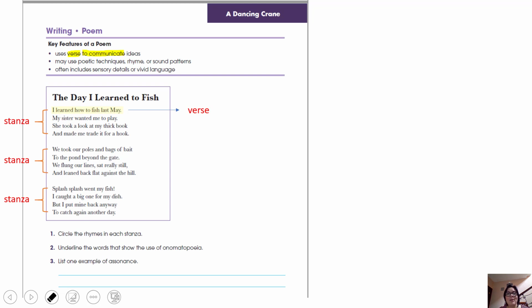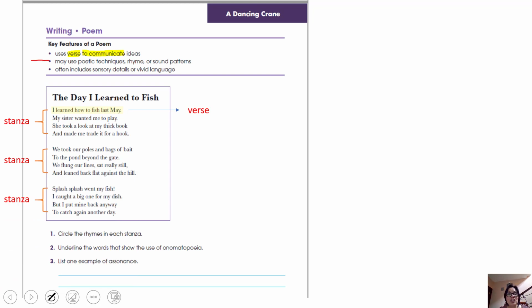In the second stanza, how many verses? Another 4. And in the third stanza, 4. Okay, so you already know what is a verse and what is a stanza. A verse is only one line. The stanza is a group of verses. So let's go to the second point.